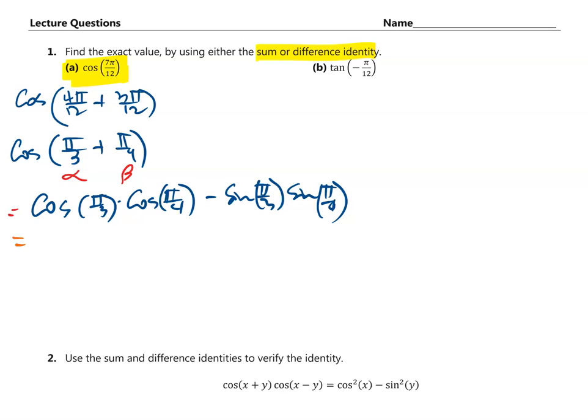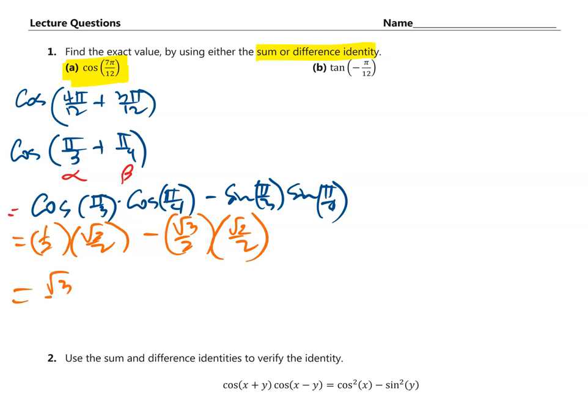And cosine of pi over 3 is 1/2. Cosine of pi over 4 is square root of 2 over 2, minus sine of pi over 3 is square root of 3 over 2, sine of pi over 4 is square root of 2 over 2. So this is square root of 2 over 4 minus square root of 6 over 4.